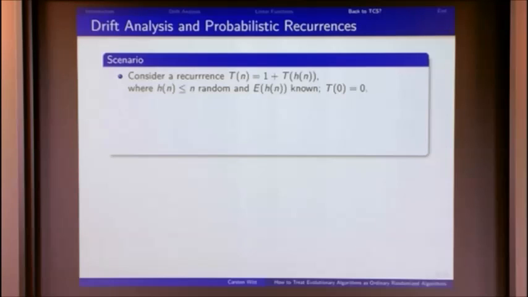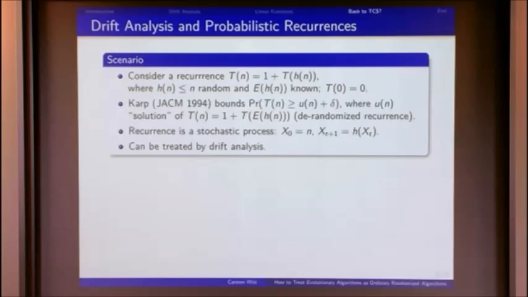So this is a scenario that was considered by Karp. What he did, he derived very clever tail bounds. The tail bounds, in this particular example, relate to a deviation above the solution of the de-randomized recurrence.